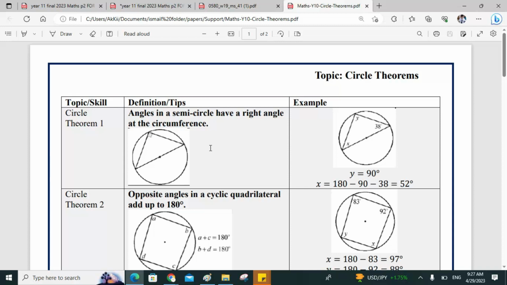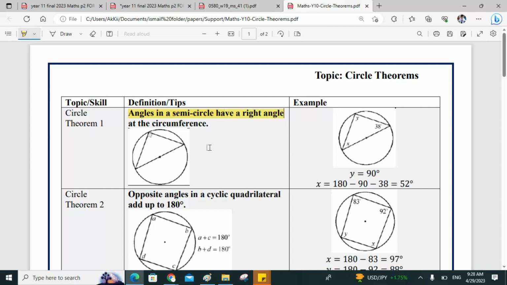Most of you may already have these facts in your mind, but I'm just pointing out those properties which are relevant to this question.